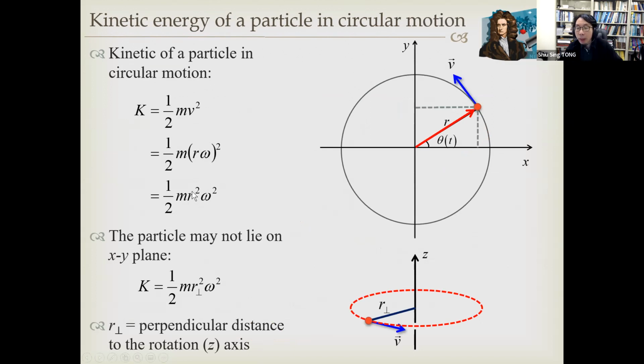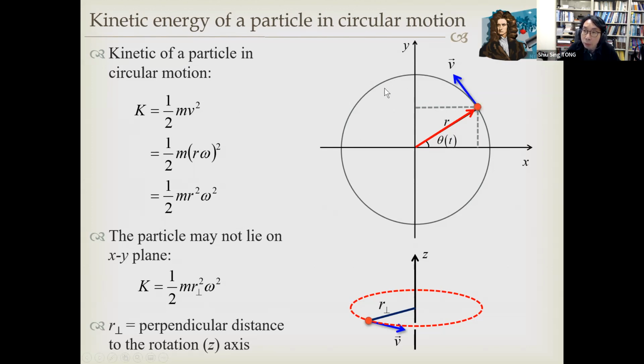Now, when we are dealing with the rotation of a rigid body, a three-dimensional object, we may not have the motion confined to the XY plane. For the example in the above figure, we have the motion confined to the XY plane, right?